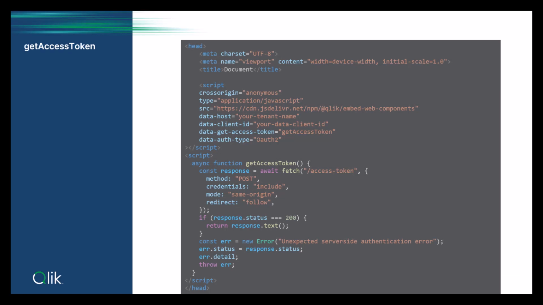So the code looks like this in the front end. If you want to implement visualizations, then you can see that you download the Qlik embed web components from a script block in the top of your HTML page, and then you have the host and client ID, which sometimes need to be dynamic as well.